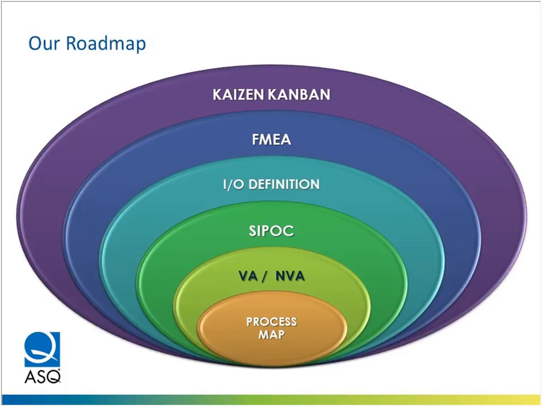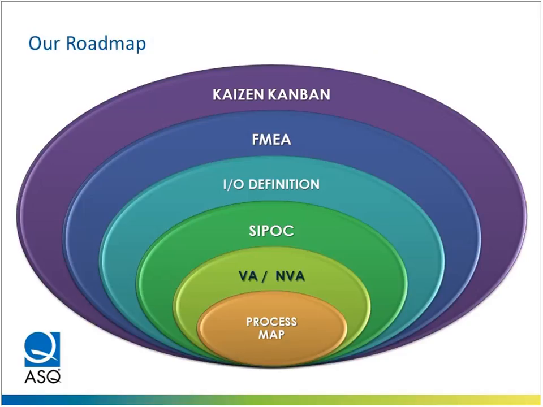This is our roadmap. We're going to start with a process map, so we have an idea of all the steps involved in the process we're analyzing. We're going to look at the value-add, non-value-add analysis just to determine what adds value. Based on that information, we will build on it to create a SIPOC.